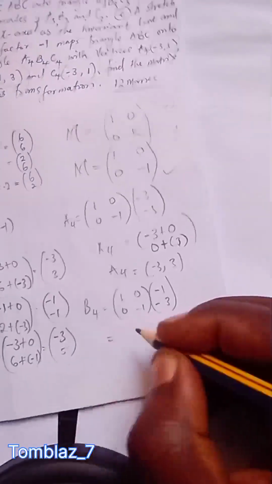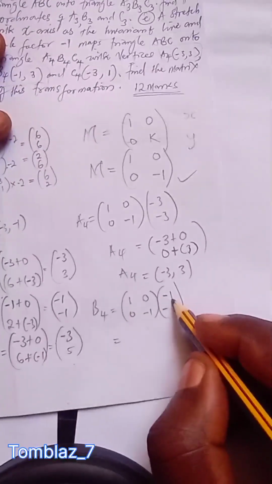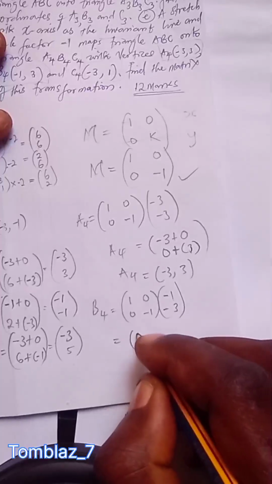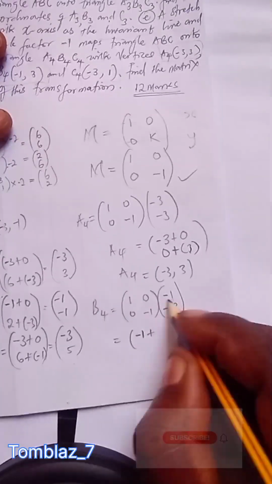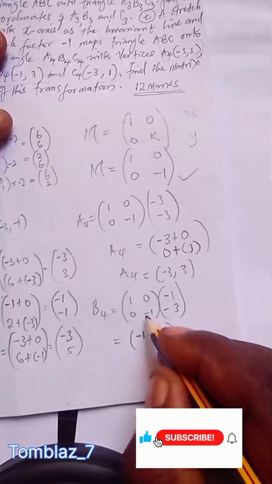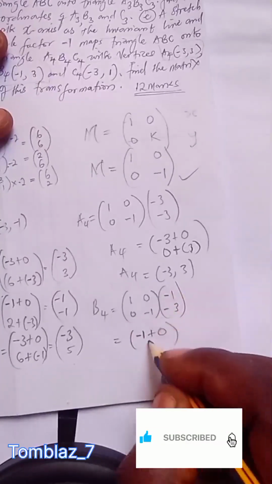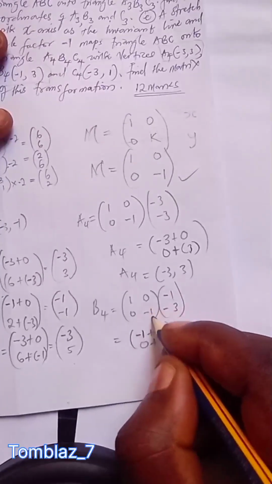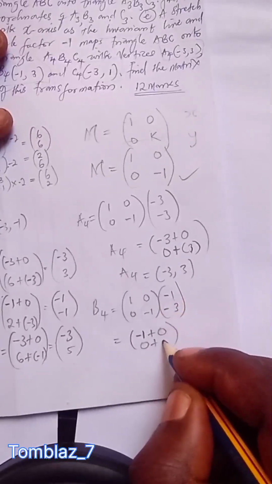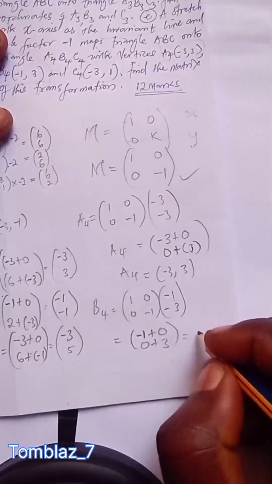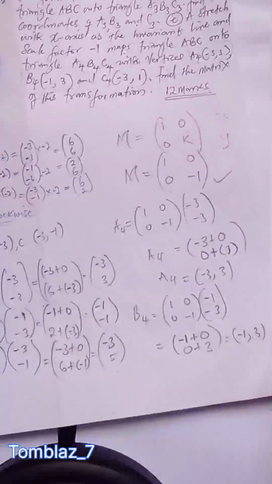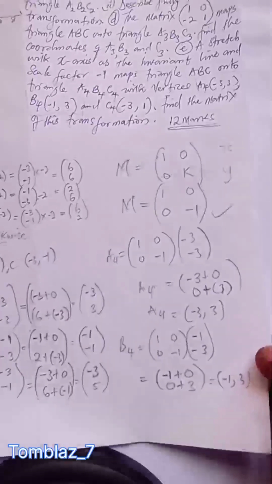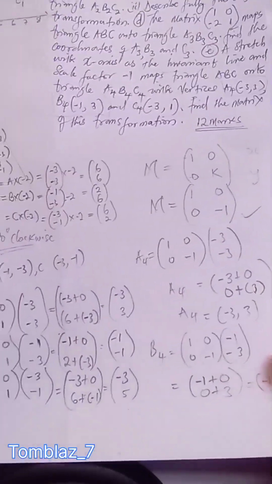So we're going to be having 1 times -1 will give you -1 plus 0 times -3 will give you 0. 0 times -1 is 0 plus -1 times -3 will give you 3. So you're going to be having -1, 3 for B. Look at it here, it corresponded. So this brings us to the end of this question.